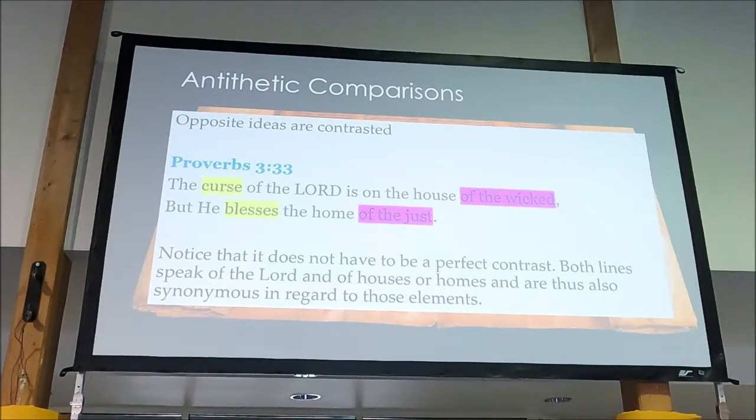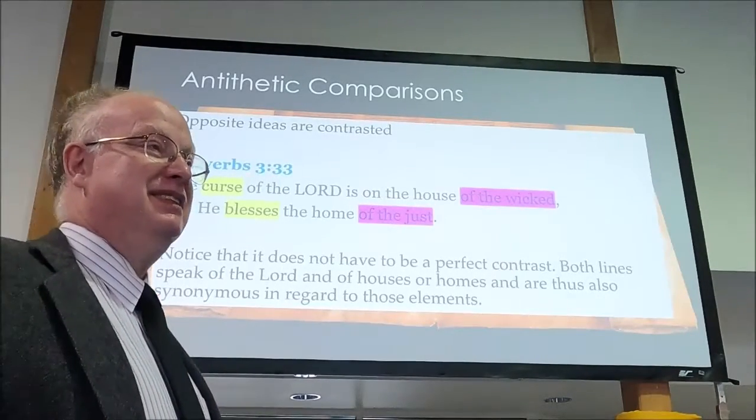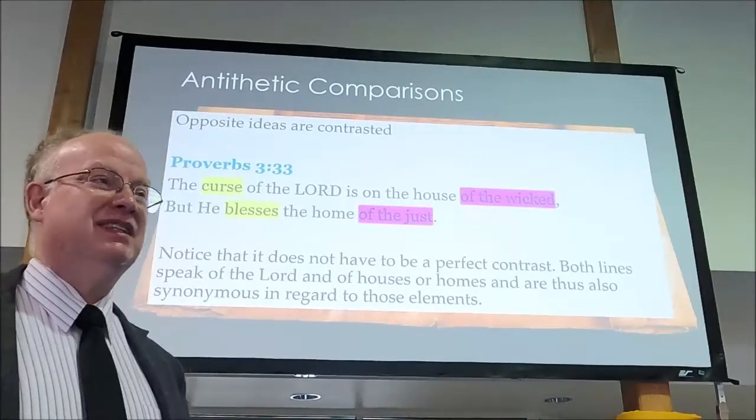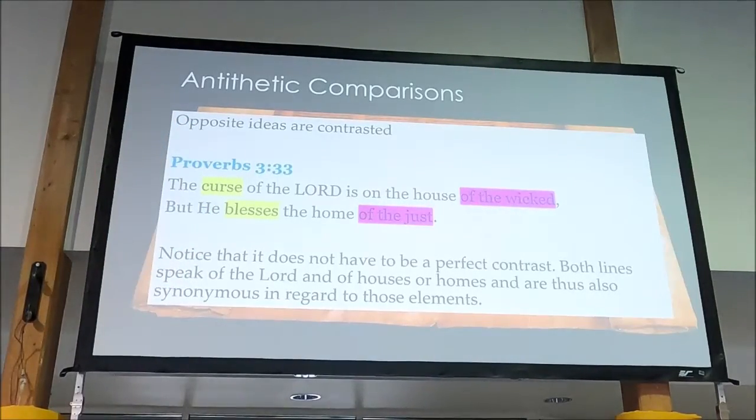By the way, let's pull this one apart while we're here. The curse of the Lord is on the house of the wicked. What's the difference between a house and a home? Yeah, but notice who has a house?